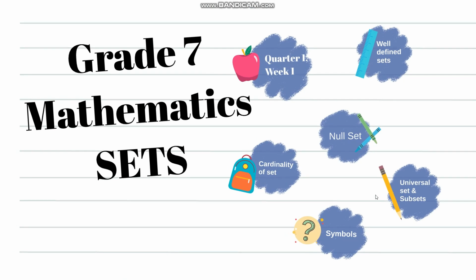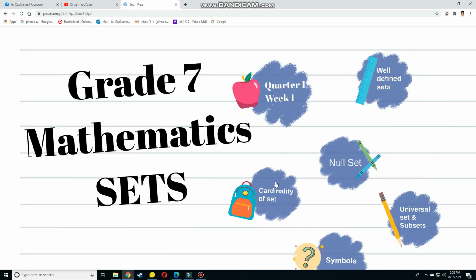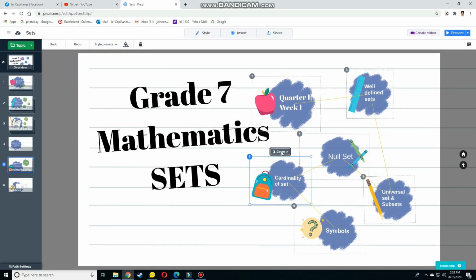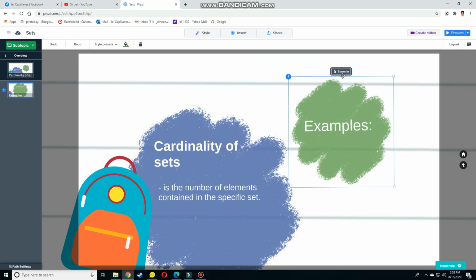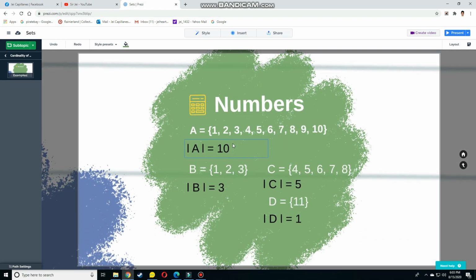And before I forget, let's go back first to the cardinality of a set. I almost forgot. Earlier we said that this absolute value is read as the cardinality of A is equal to 10.